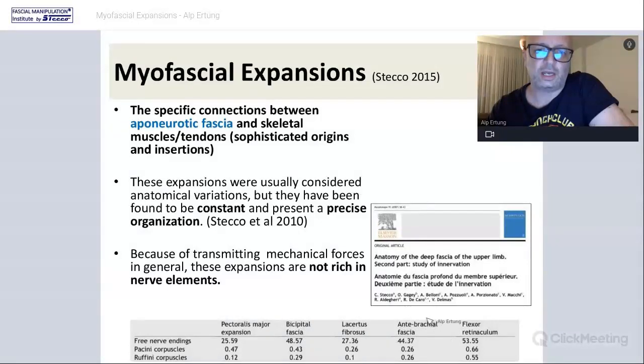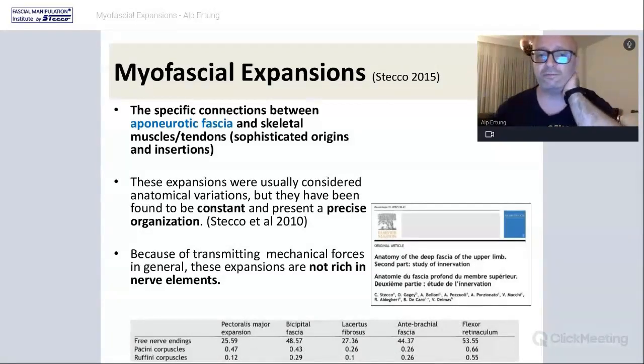The brachial fascia and the antebrachial fascia are similar to each other, but have more than the expansions. And the flexor retinaculum is the richest. The retinacula have the richest innervation among all the deep fascia, the aponeurotic fascial structures.